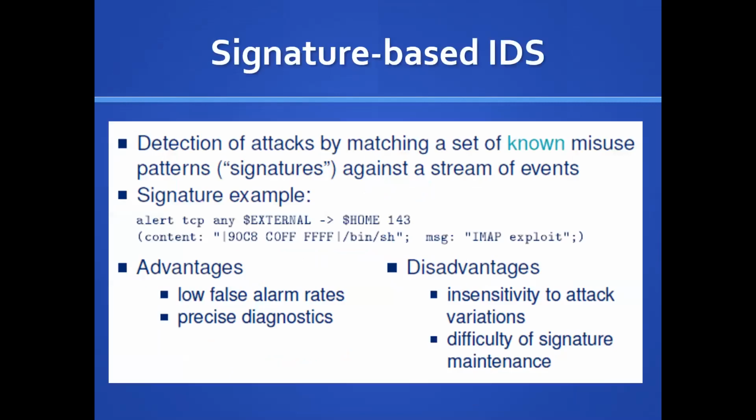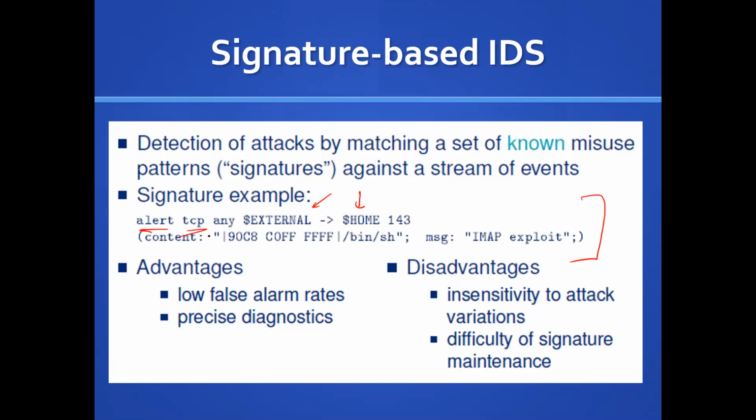Good. Signature-based, we already talked about it. I think that makes sense. You can see here I just took an example from Snort. Snort has its own specific language that says trigger an alert if I get a TCP packet that meets certain conditions. I have two variables, external and home, which are probably ranges of IP addresses.